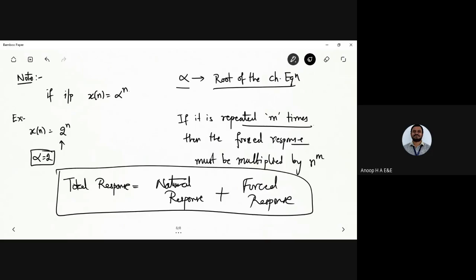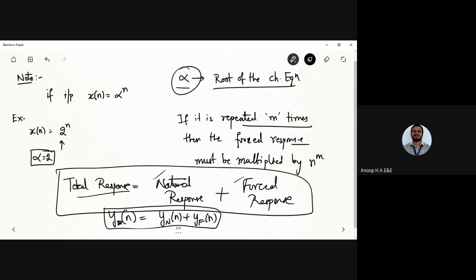So keeping the initial conditions in mind, I can have the constants evaluated, either in the natural response or in the forced response of the system. Taking the initial conditions into picture, I can evaluate the total response of the system. So y of n would be equal to yn of n plus yf of n.